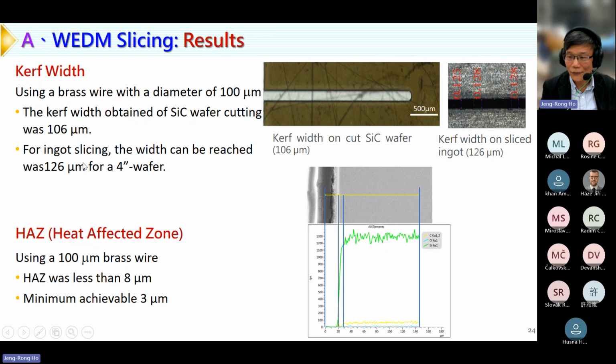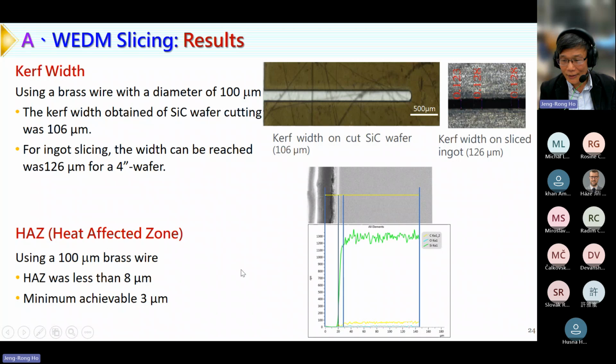And for ingot slicing, because the ingot is thicker, the kerf width loss is about 120 microns, which is even so much better than the diamond wire saw technique.